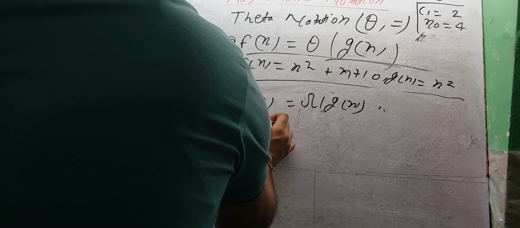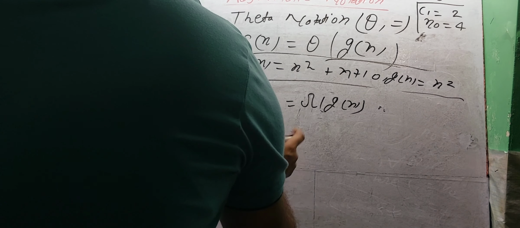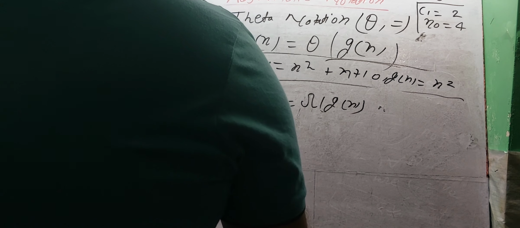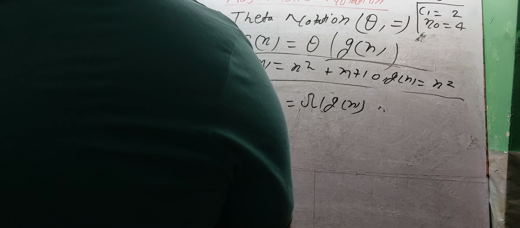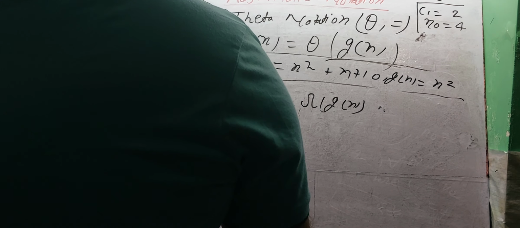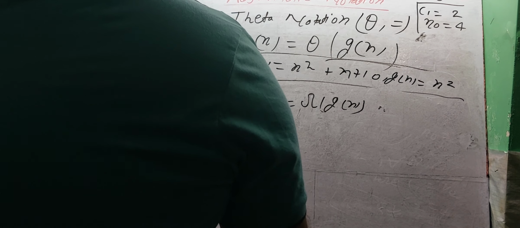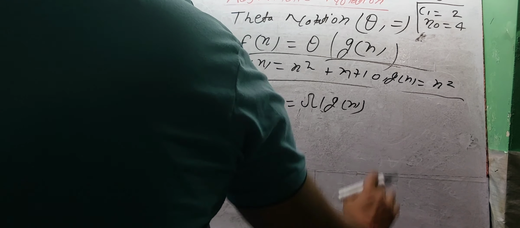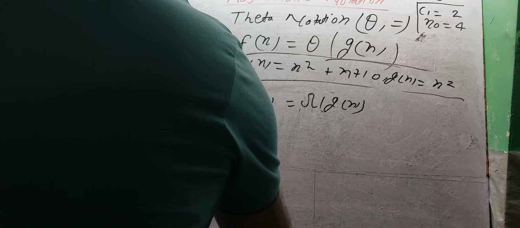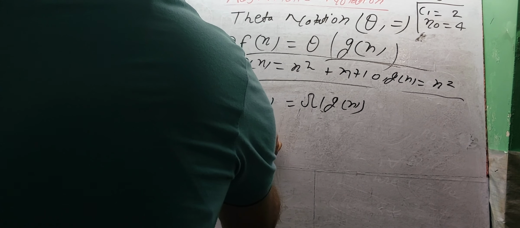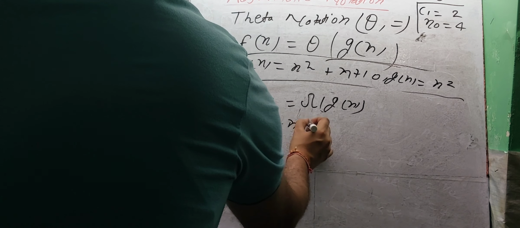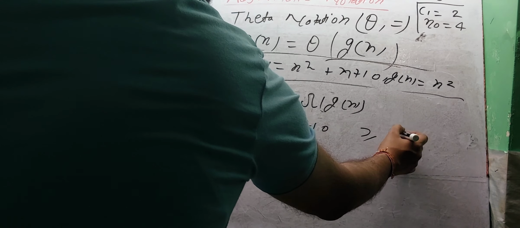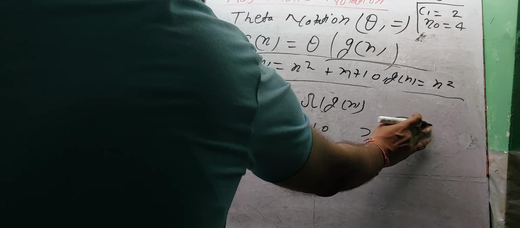Now take f of n. If we want to prove that f of n is omega of g of n, then by using some constant value c, we need to prove that the left hand side is greater than the right hand side. Okay, for that the f of n value is n squared plus n plus 10. It should be greater than or equal to n squared, that is g of n.